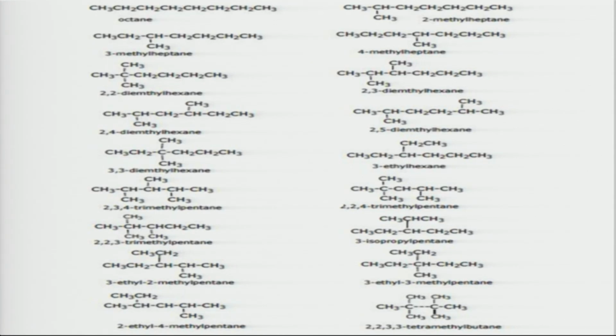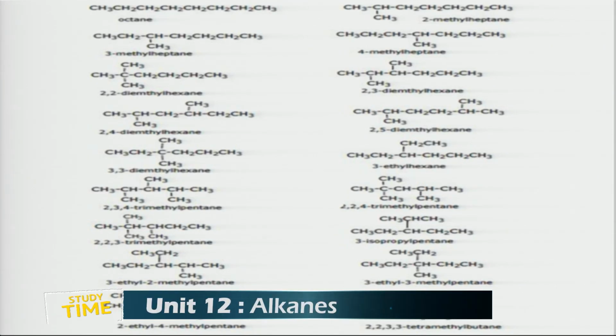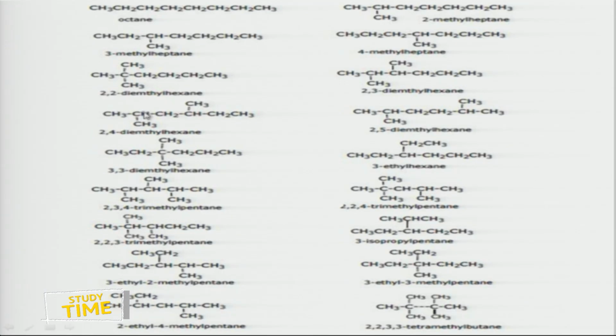So we can choose another one. Hope you did it. Let's have another isomer which has a chiral carbon. If you look at some of these isomers, let's take an example of this one here, 2,4-dimethyl hexane.